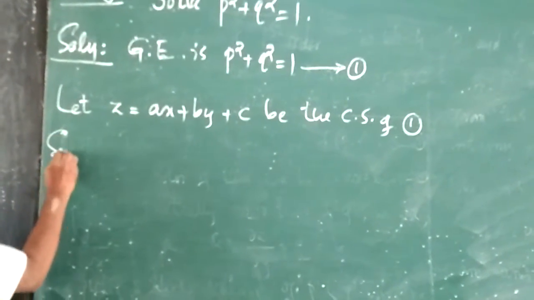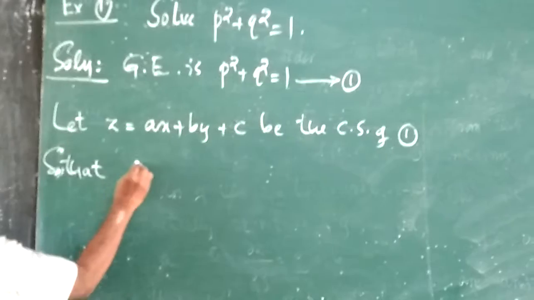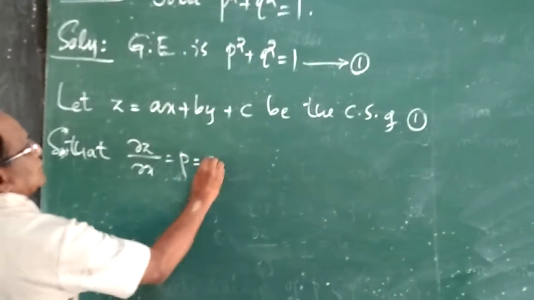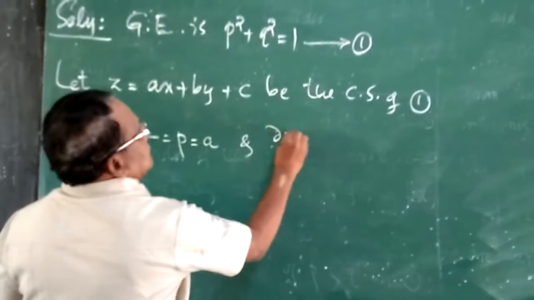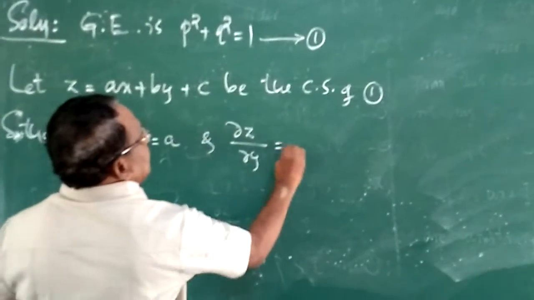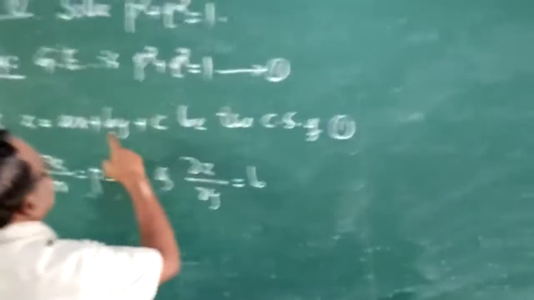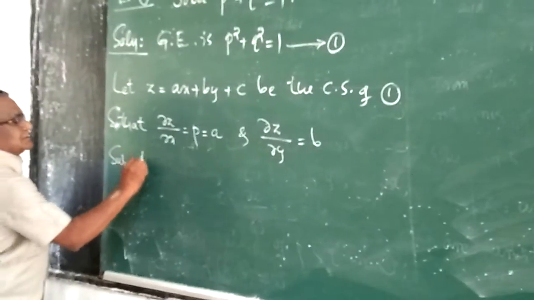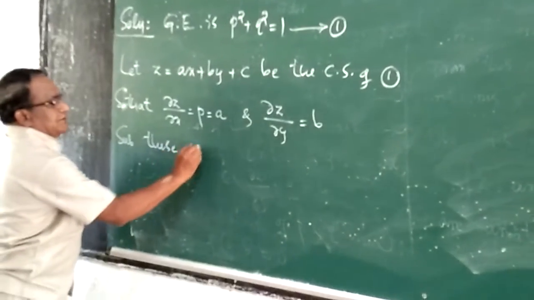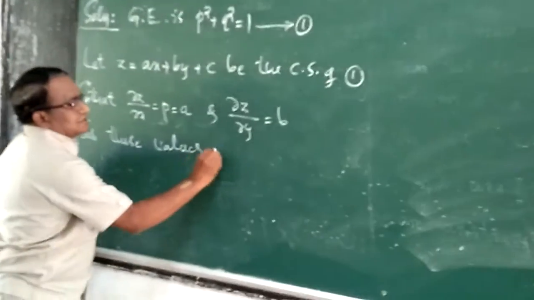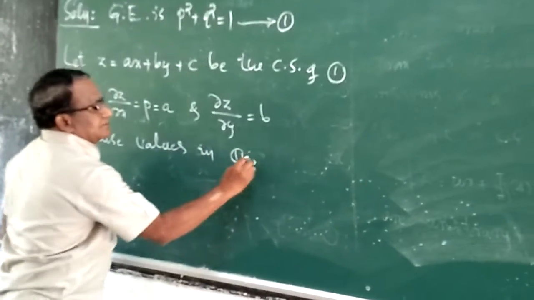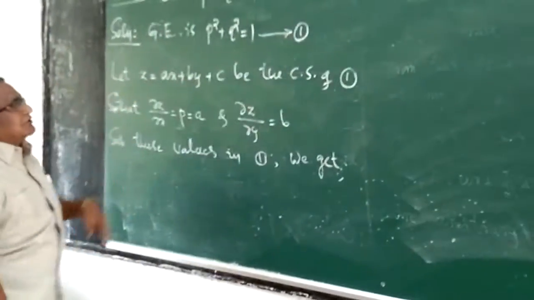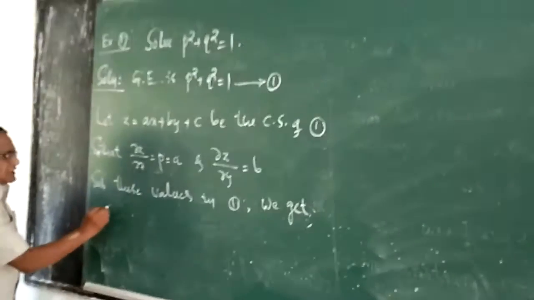So that dou z by dou x, which is nothing but p, is equal to a, and dou z by dou y is equal to b. Substituting these values in equation number 1, what is your equation number 1? p squared plus q squared is equal to 1.